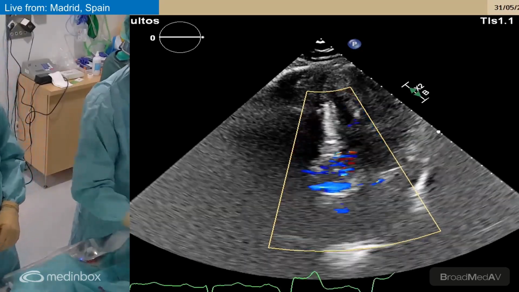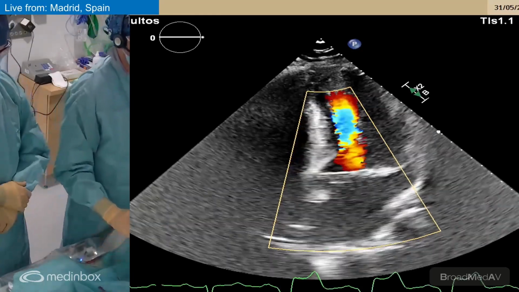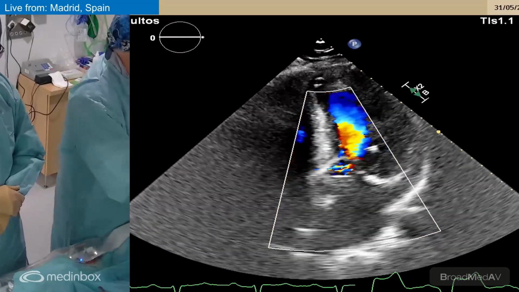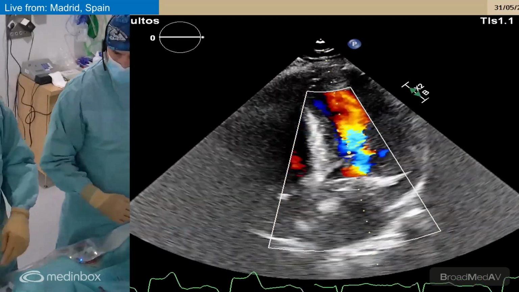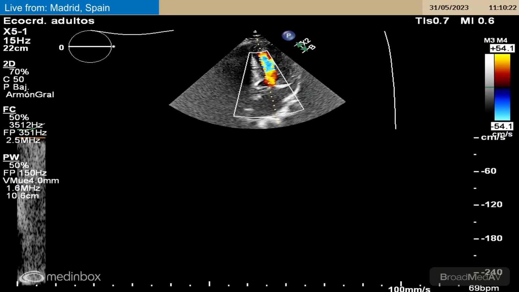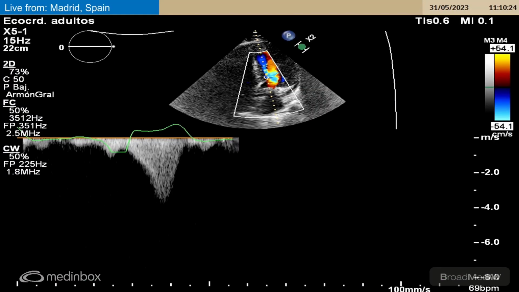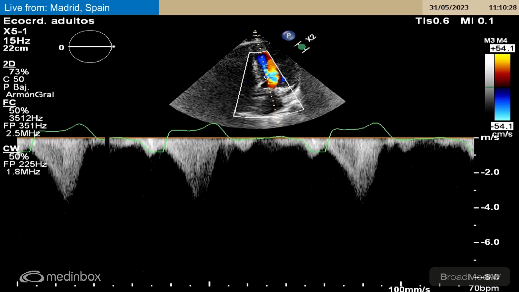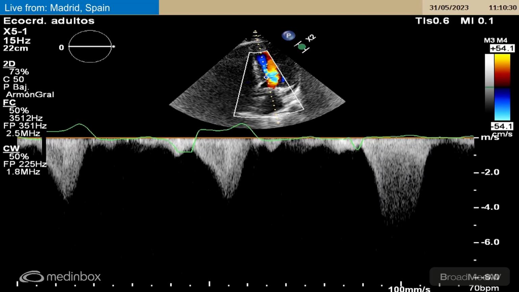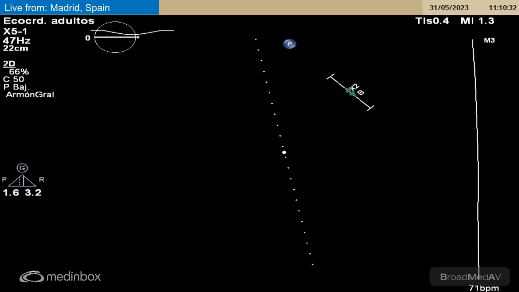You can see here that this is the acceleration. The acoustic window is not great, but I think it's enough to guide the procedure. The gradient in stimulated beats is at least almost 4 meters per second, so it's a severe obstruction.